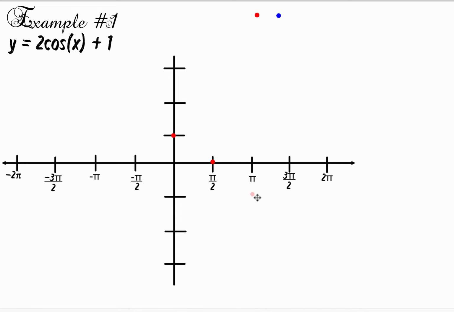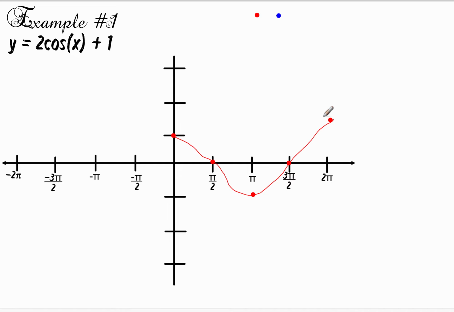Then it goes 1 low. Hits the x-axis and comes back up. There's my cosine wave. Best I can draw on my little pad here.